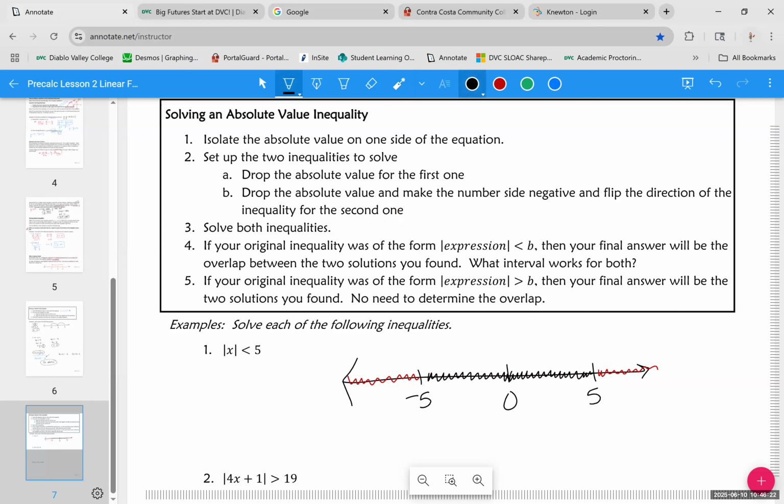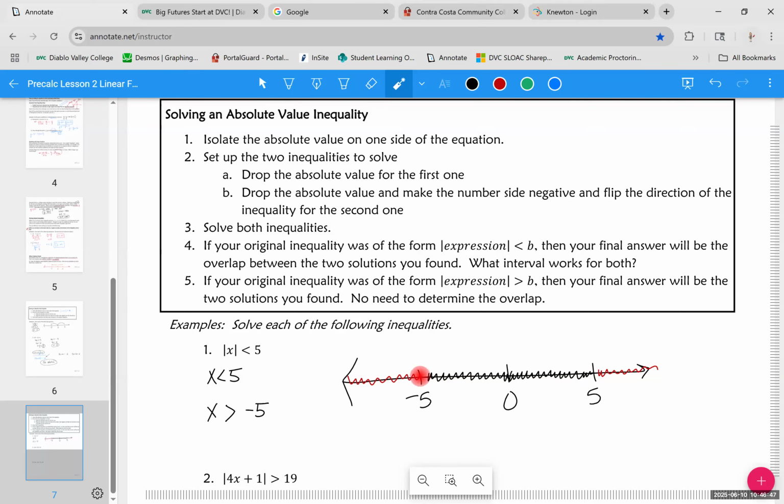So like in this first one, drop the absolute value. There's your first inequality. Drop the absolute value, make the number negative, and flip the direction. So now I have x is less than 5, which would be over here, and x is greater than -5, which would be over here.